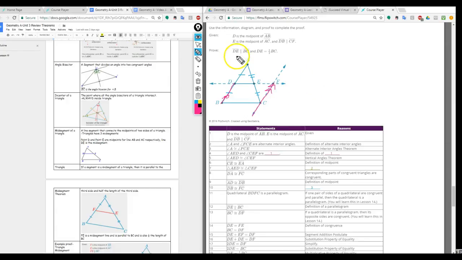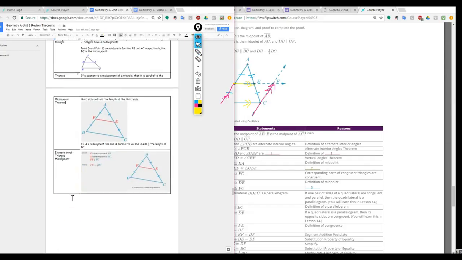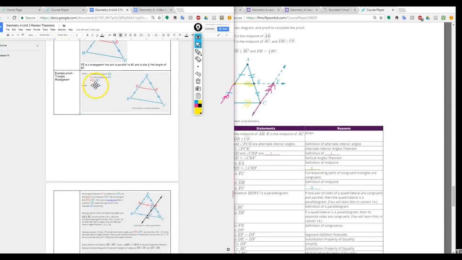Okay, we need to prove that DE is parallel to BC, and that it is 1/2 of the length. So we're proving the mid-segment theorem. And if you notice in the notes, it has a partial of the proof.